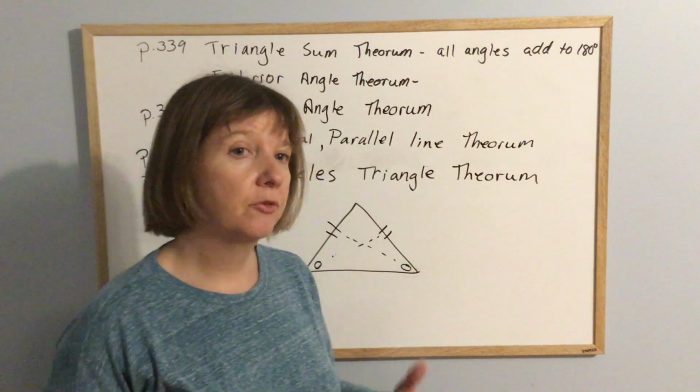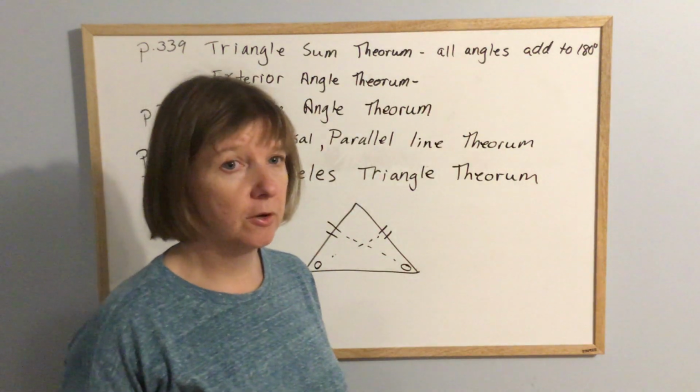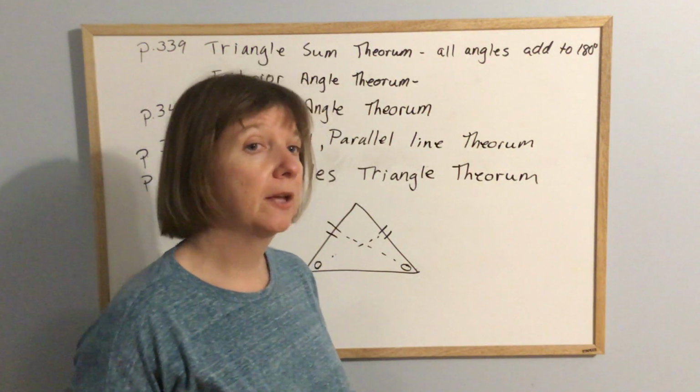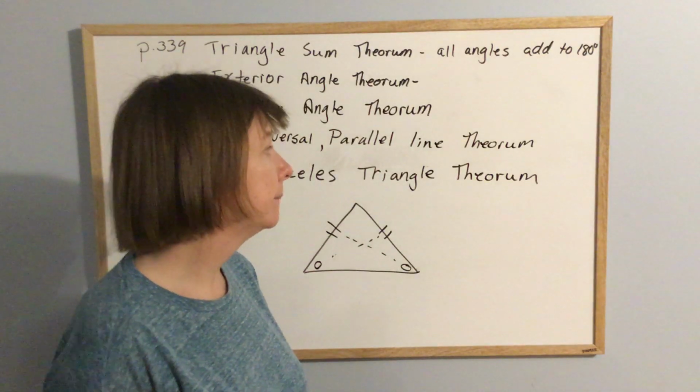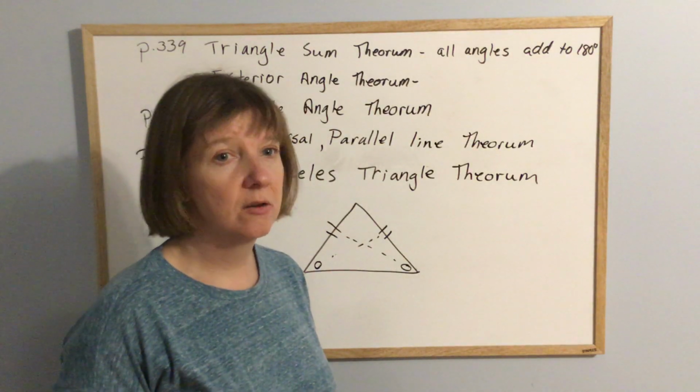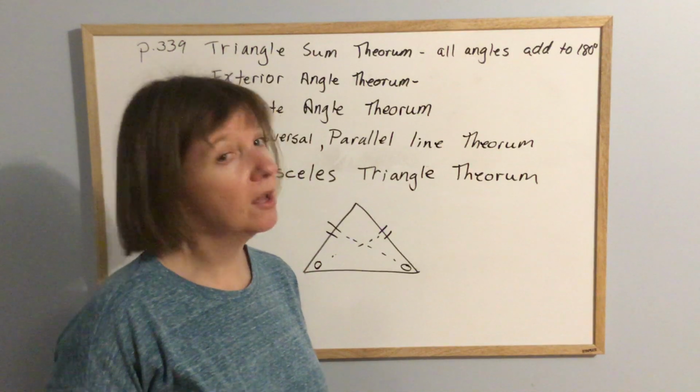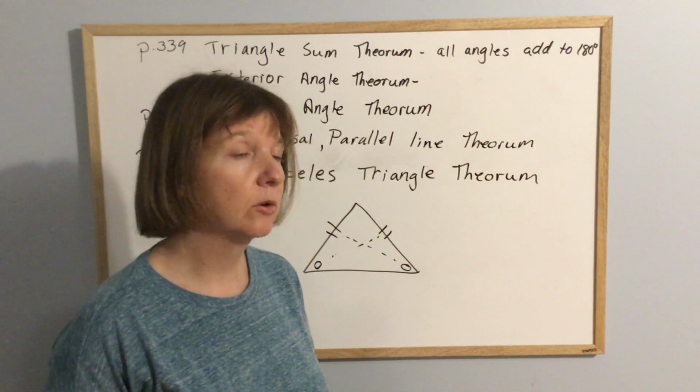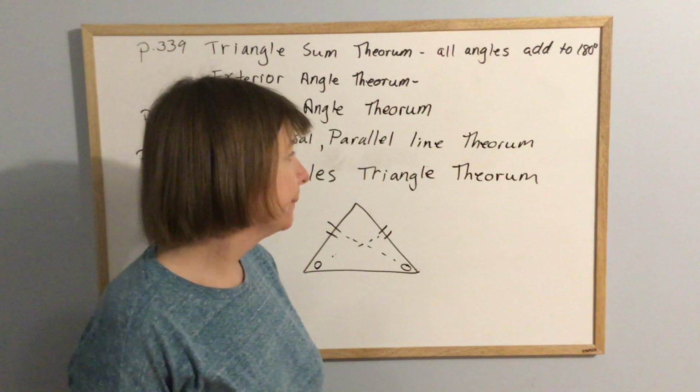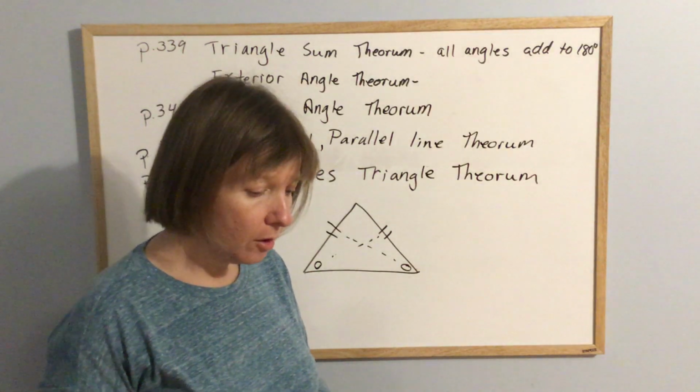So you're going to have to know those theorems in order to use them to find missing numbers. Like I said, not really high-level math, but high-level logical thinking. So that's where we're headed over the next little bit.